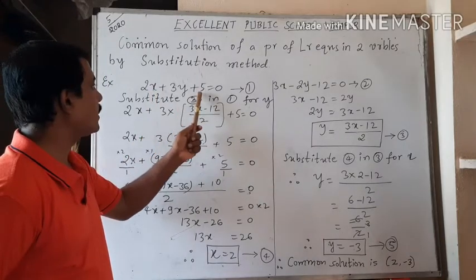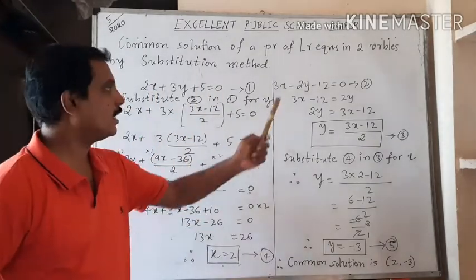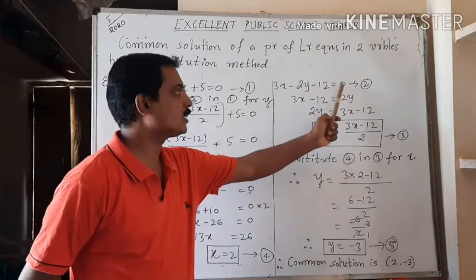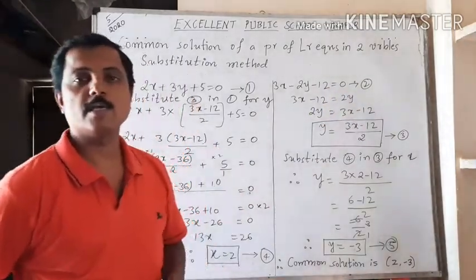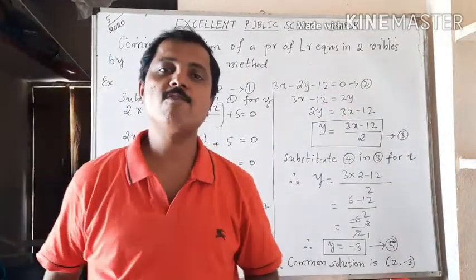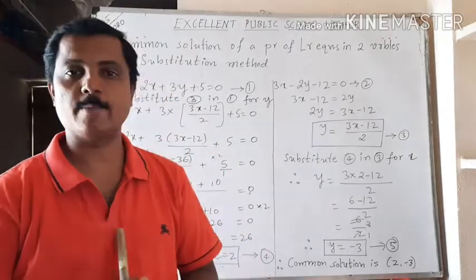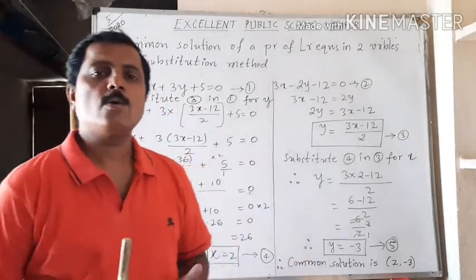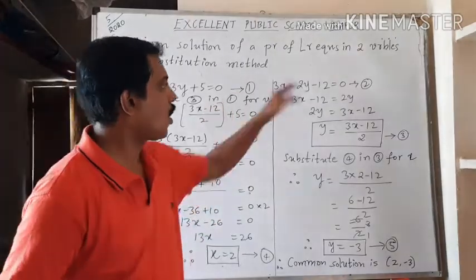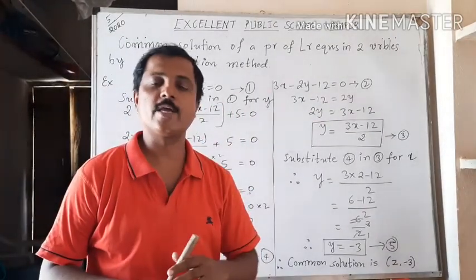2x plus 3y plus 5 is equal to 0 and 3x minus 2y minus 12 is equal to 0 make a pair of linear equations in two variables. Now let us find the common solution of these two equations.